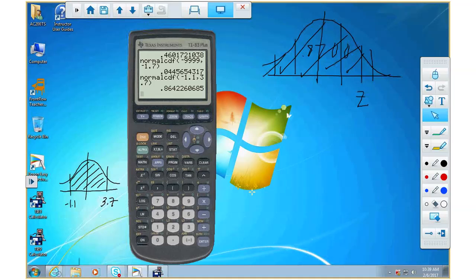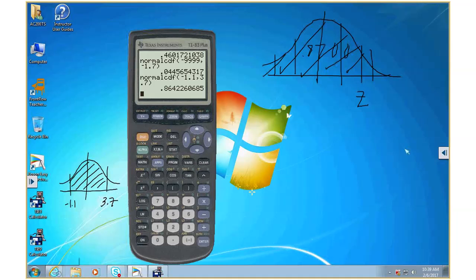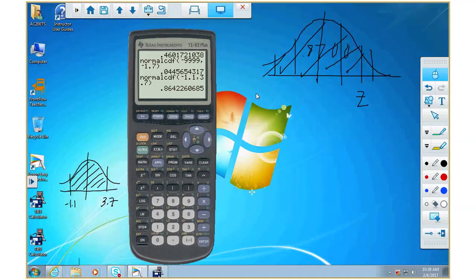Then I go second, bars, inverse norm, enter, 0.8700, close parentheses, enter. 1.13. So that z-score at 87% is 1.13.